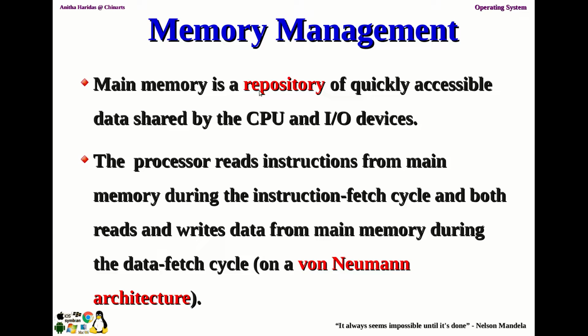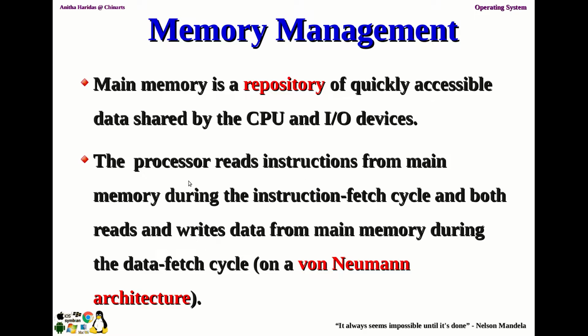Not only that, all the input-output devices will be reading data from the main memory and writing data into the main memory. So this is the only repository used for sharing data, both for reading and writing, by the two important resources, CPU and input-output devices.